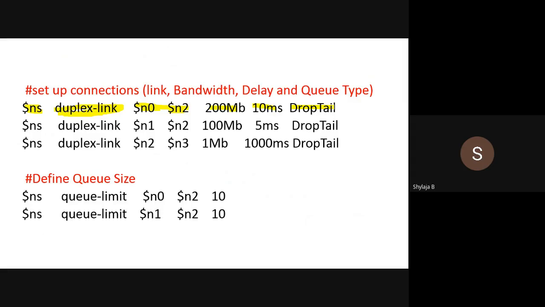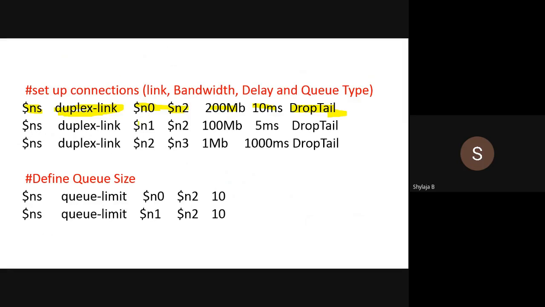If we write DropTail, it means that the packets that arrive last should be the first ones to be dropped from the buffer. So last arriving packets will be dropped first in case of overflow. That is the meaning of DropTail.